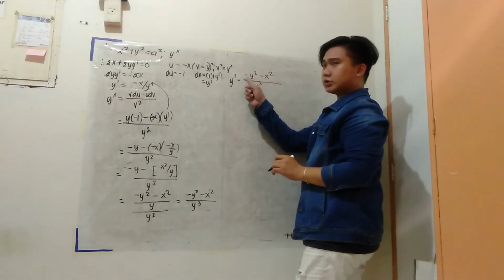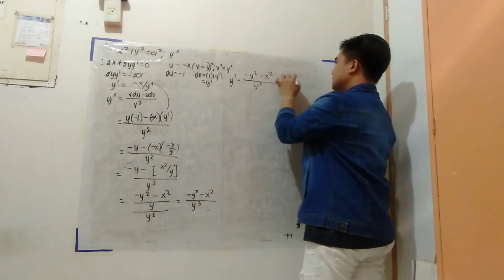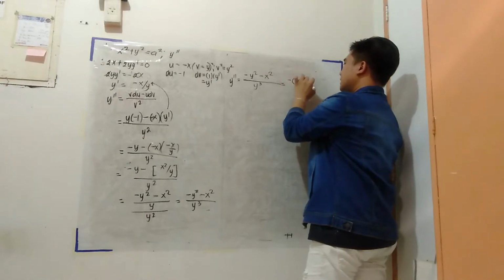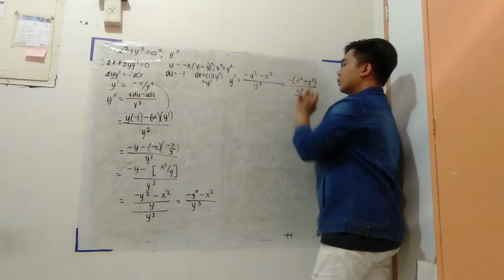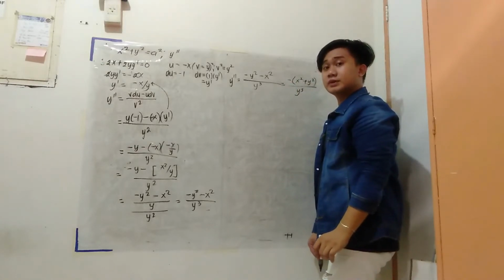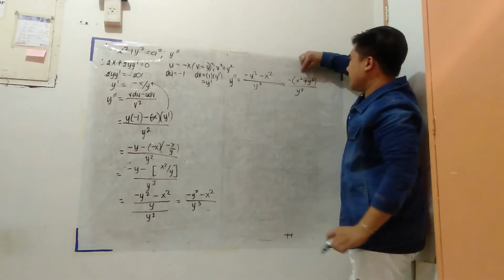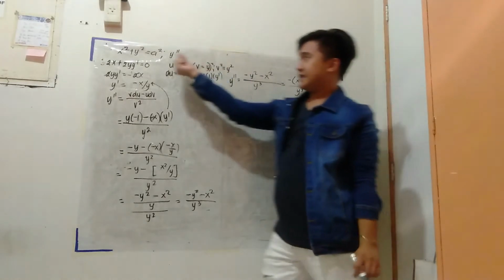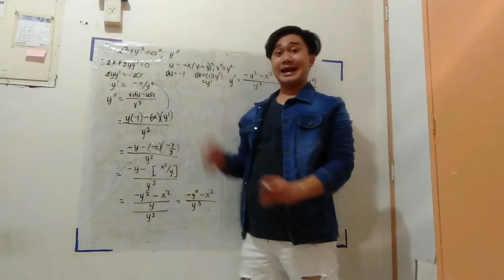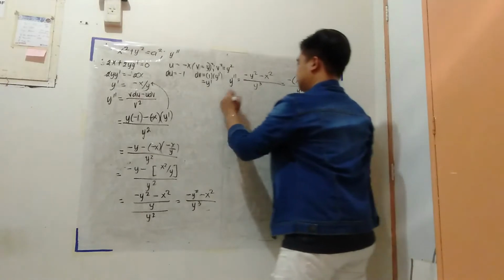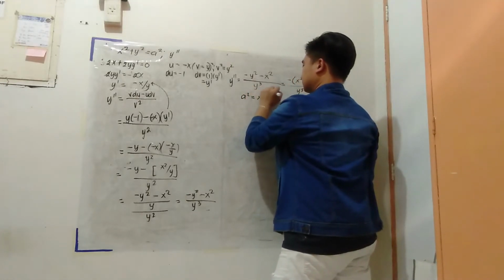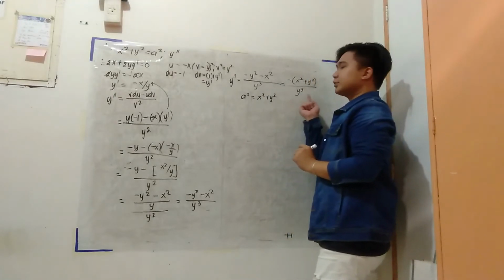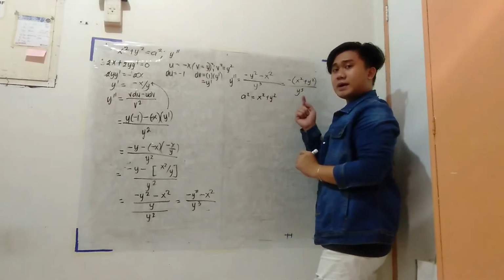Try kong i-factor out yung negative dito. So, that's negative x squared plus y squared all over y cubed. Okay? Di ba itong x squared plus y squared ay a squared? So, palitan ko ng a squared yon. And y cubed to, di ba? So, humanap ako ng y.